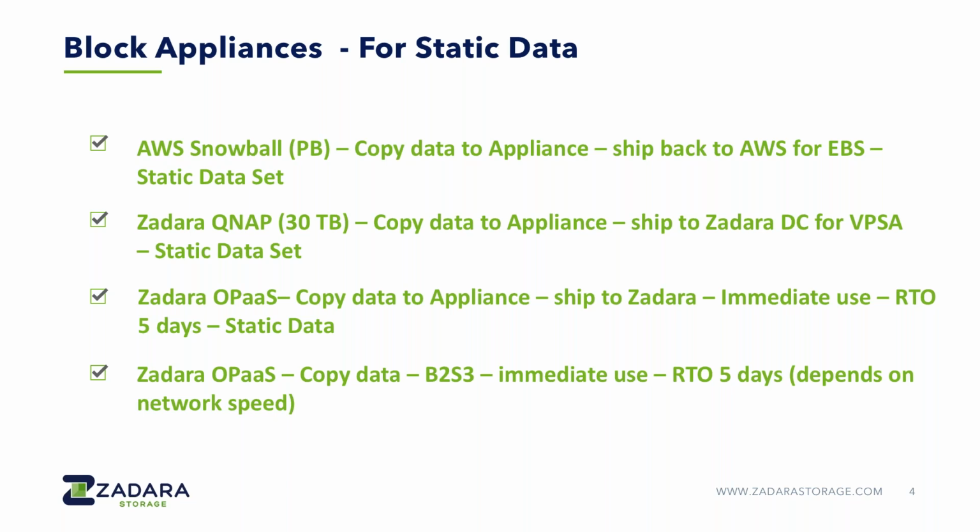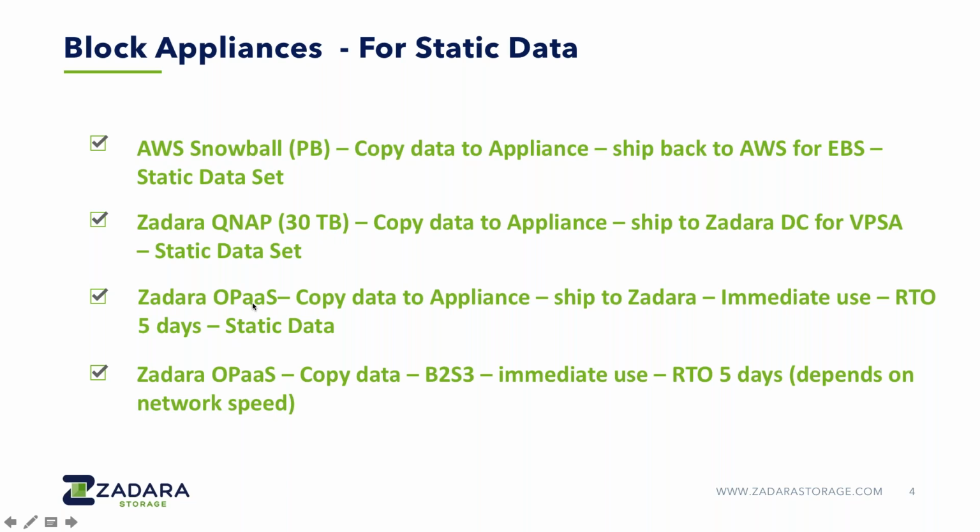But if there's any type of active data, or other processes you want to use instead of these type of block appliances, we also can provide, if you go above 30 terabytes, the capability to deploy our on-premise solution, the OPS, into your site.